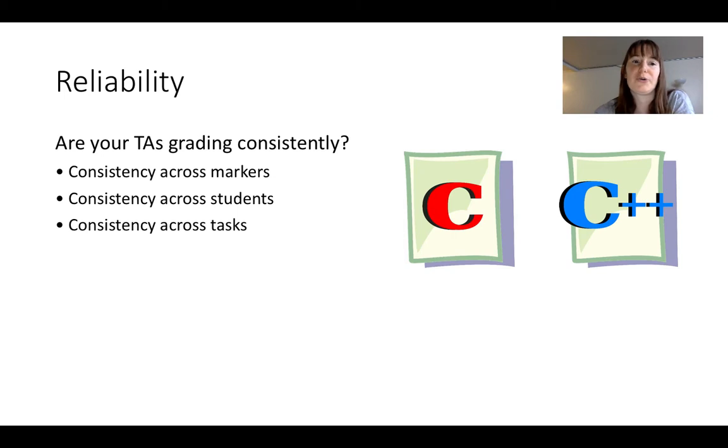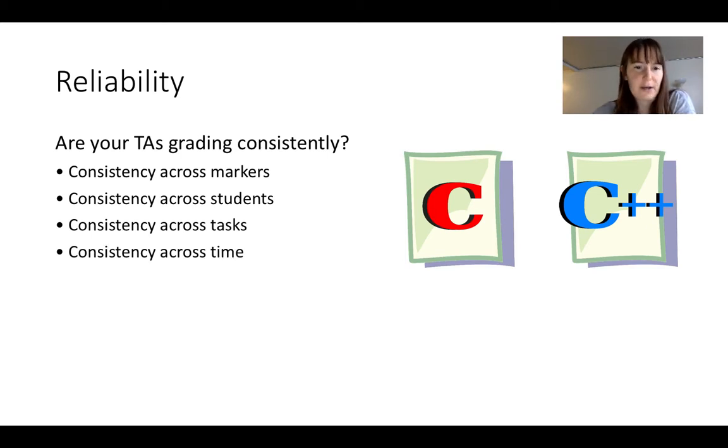And this would also ensure consistency across tasks, right? So for different questions, there's going to be consistency there, but also if you're giving different tasks assessing the same outcome throughout the year, are your TAs grading those consistently? Is the same student doing the same work but getting different results?